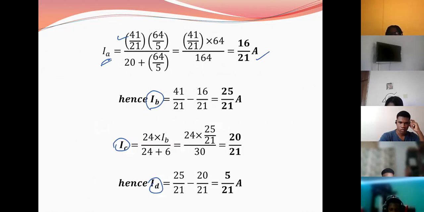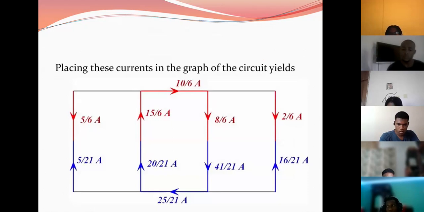Once we have calculated these currents, the next step, and again this is where a lot of persons tend to make their errors, is to draw what we refer to as the graph of the circuit. The graph simply means that you're going to suppress all the components and just draw lines. So this is the graph for the circuit.